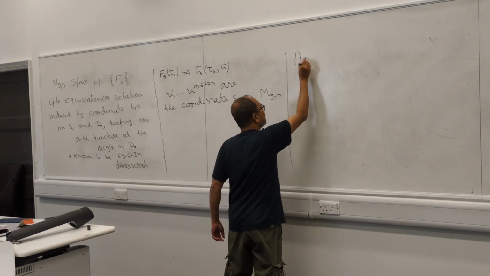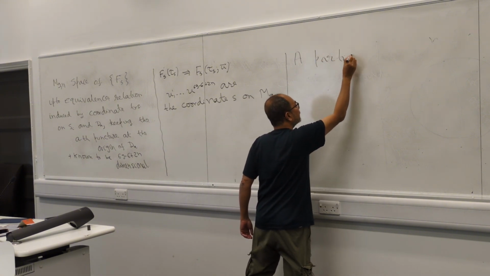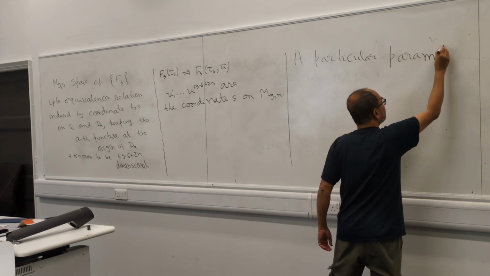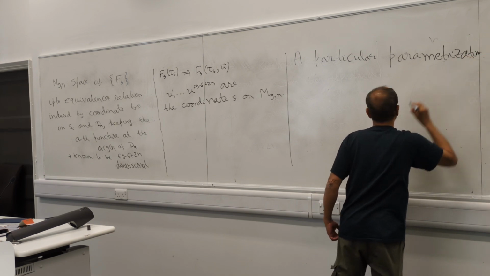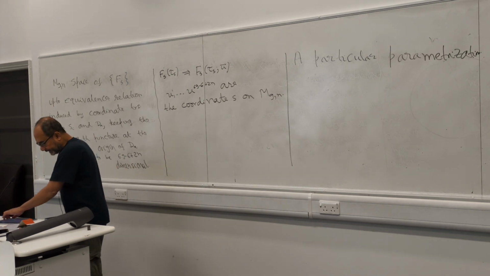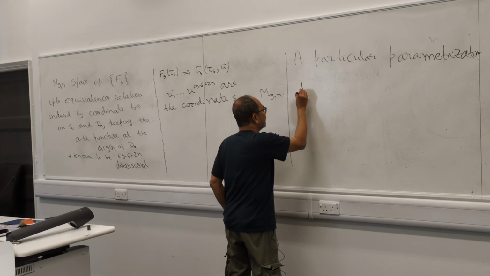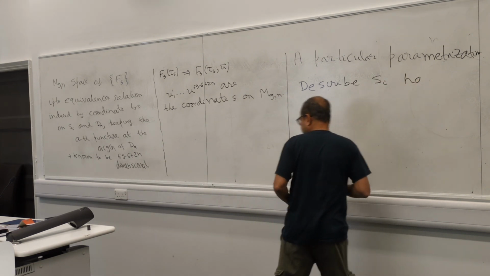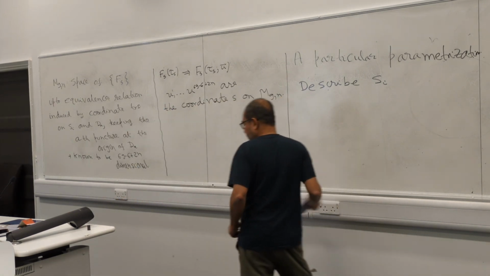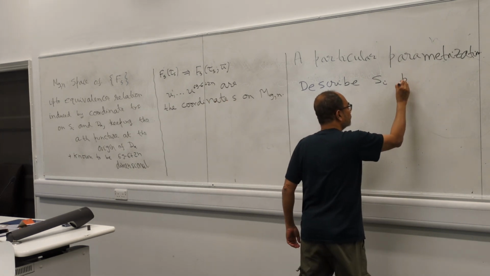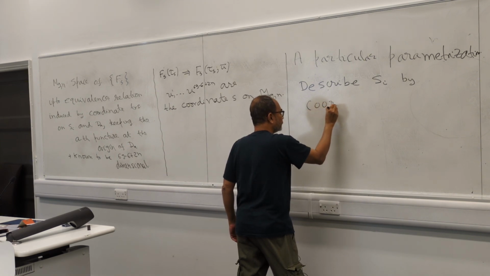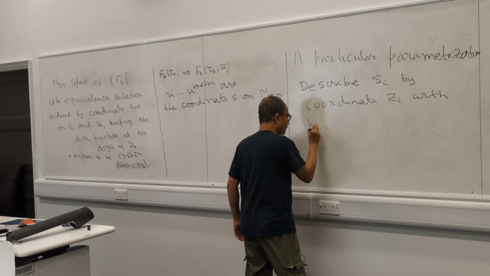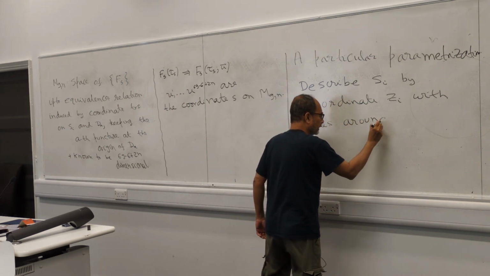So you consider a particular parameterization. We describe the ith sphere, Si, by coordinate zi with holes around three points.